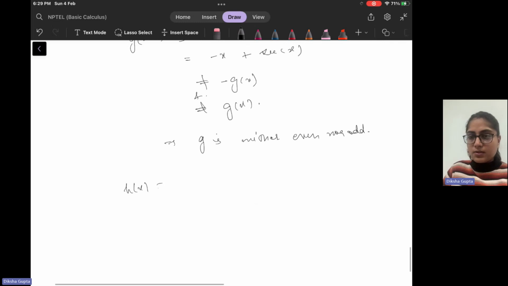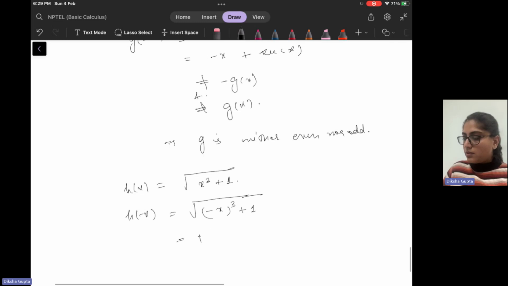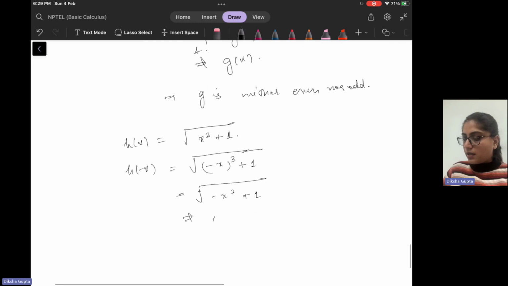Last function is h(x) equals under root x cube plus 1. So h of minus x is under root minus x cube plus 1, which is not equal to h of x or minus of h of x.